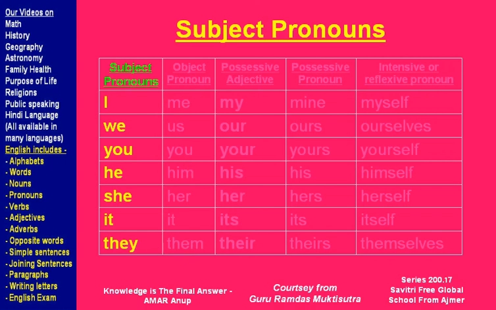These are the subject pronouns, and remember, I is always written in capital letters. When we talk about I, meaning myself, then it is always written in capital letters as a pronoun.